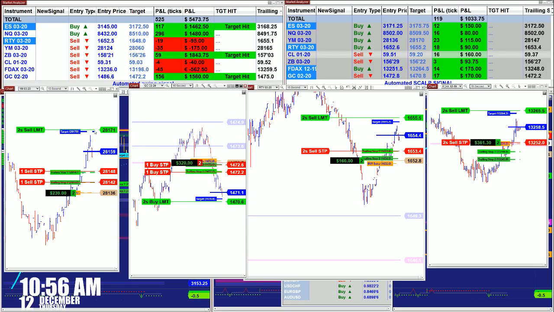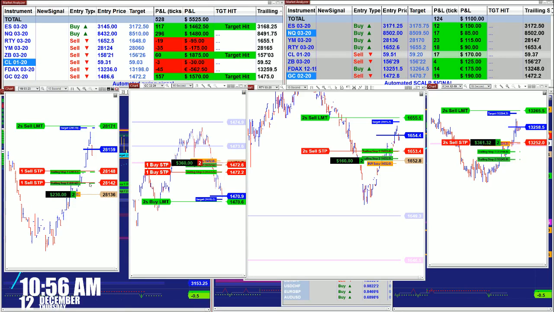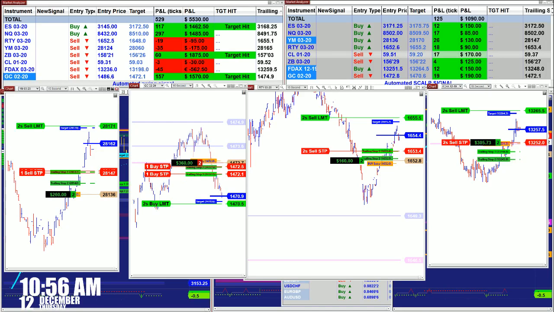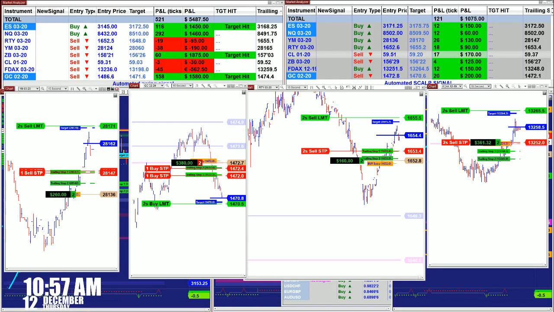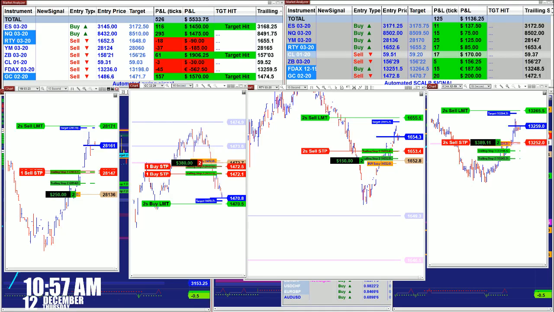Look at this, YM came in right below the target, and I don't care. I'm securing more profit on the first level, and then the gold is about to hit the target, and all of it.